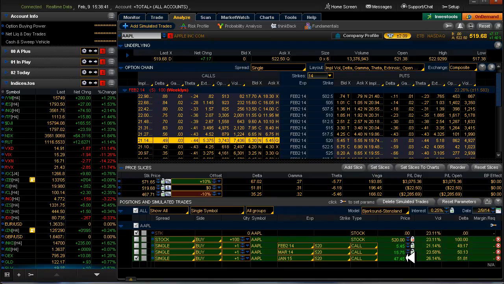So if you have $4,745 to buy this LEAP, you might make out. But remember, if Apple goes up $1, you're only going to get 49 cents out of that. So you have to keep that in mind.